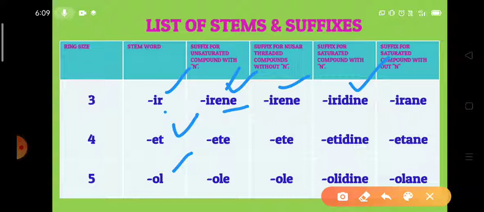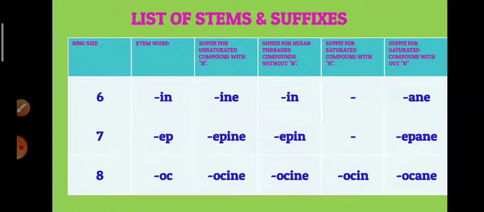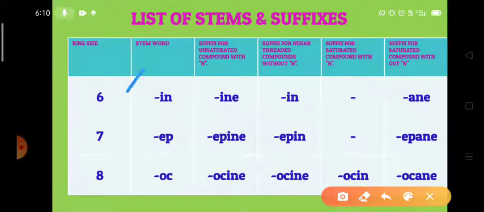And for saturated compounds with three atoms without nitrogen, we use ane, so the e replaces the n to give irane. Like that we follow the table and give the names. Here, for heterocyclic compounds with ring size 6, the stem word is in.